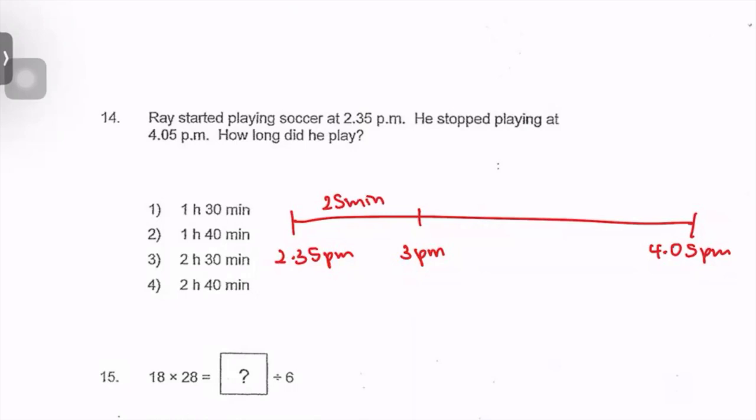Then the nearest hour to 4:05 p.m. is actually 4 p.m. And from 3 p.m. to 4 p.m. is 1 hour. And from 4 p.m. to 4:05 p.m. is just 5 minutes. So how long did he play for? It's 25 minutes plus 1 hour plus 5 minutes. So that gives you 1 hour and 30 minutes. Good. So the answer is option 1.